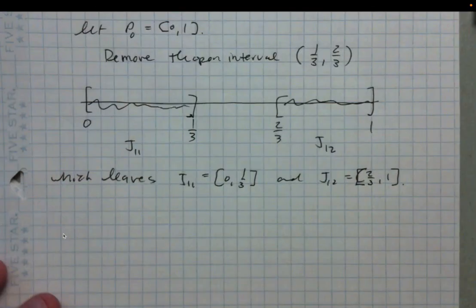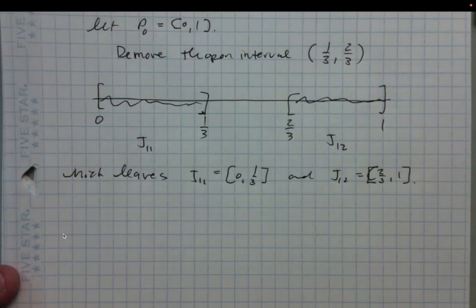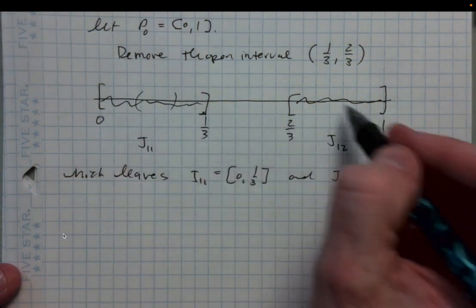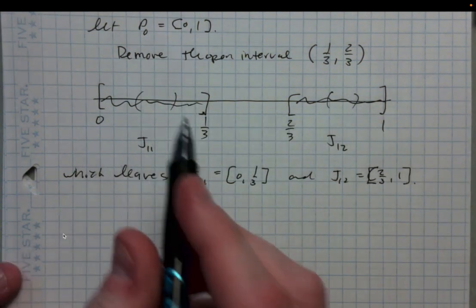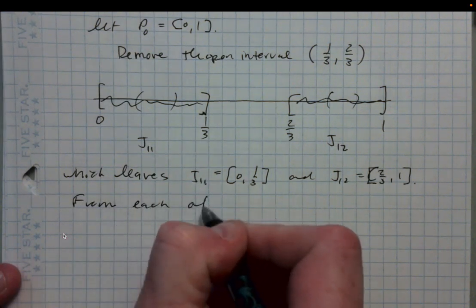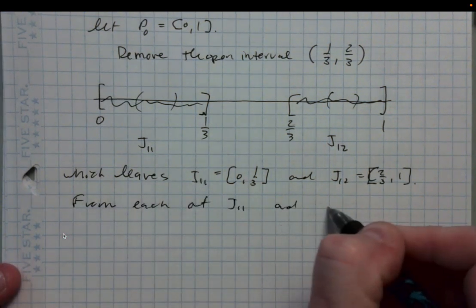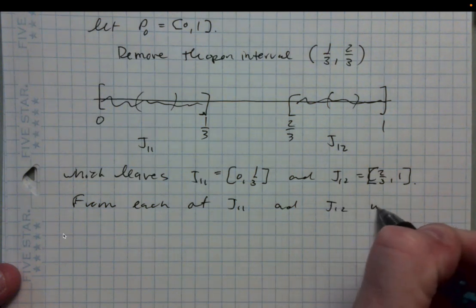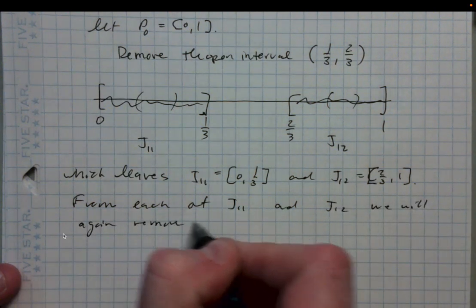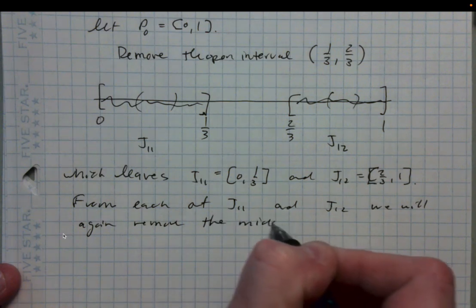We're going to continue this process. From each of these two sections, we're going to cut out the middle third again. So from each of J11 and J12, we will again remove the middle third.